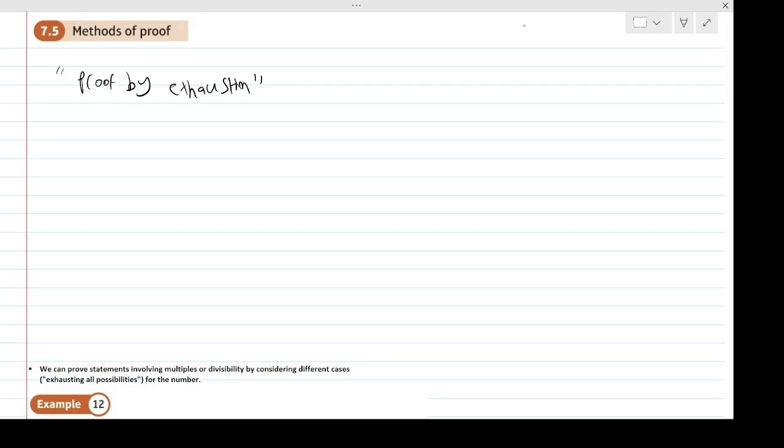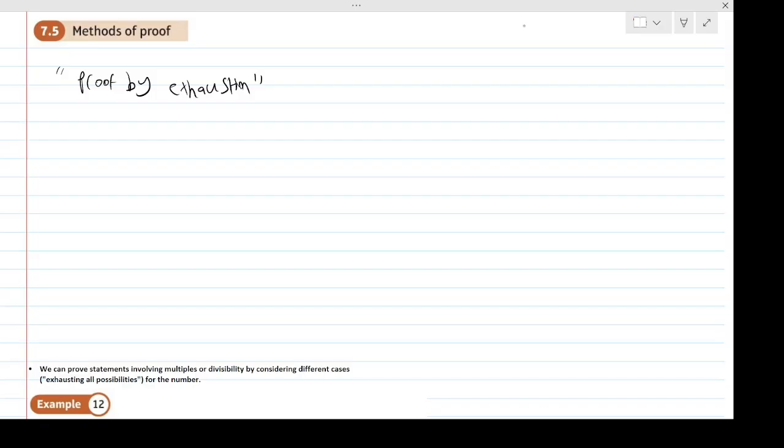That's a way we can prove it, and it helps particularly with stuff to do with multiples or divisibility, proving that something is even or something like that. A very common technique we'll see in a minute is splitting things into odd and even numbers or different multiples.